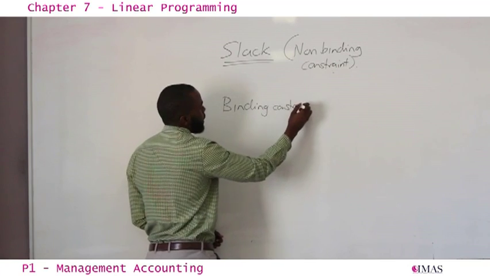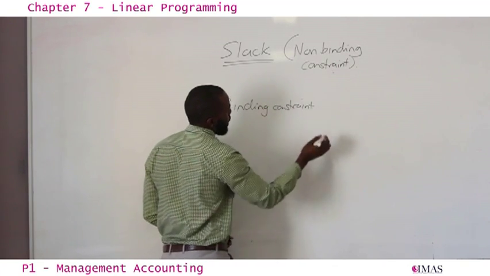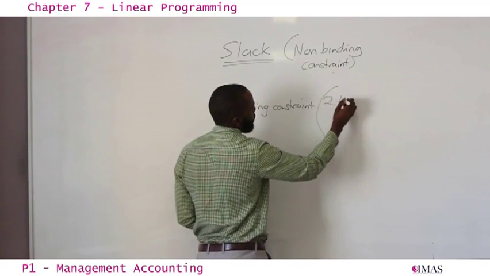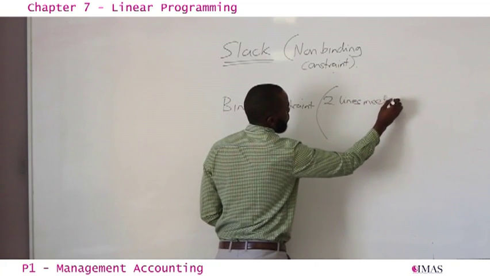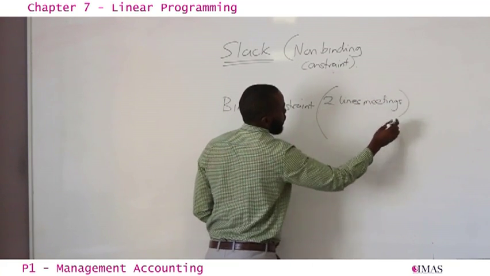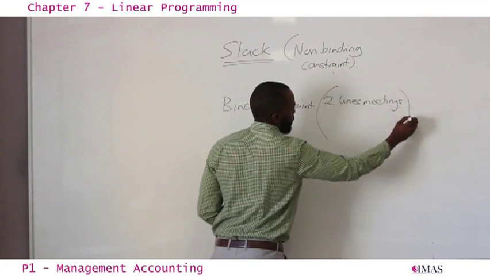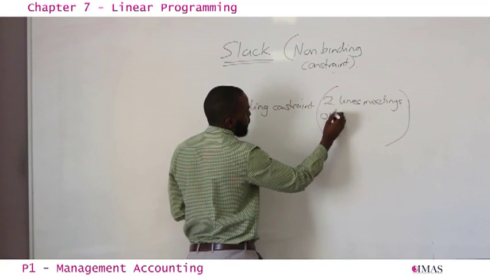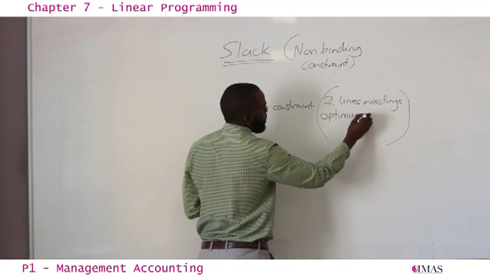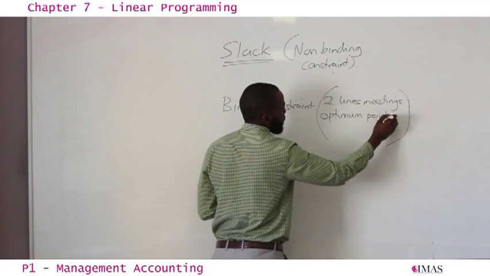We said that whenever you have a binding constraint, we're going to have two lines meeting. Those two lines have to meet at the optimum point.